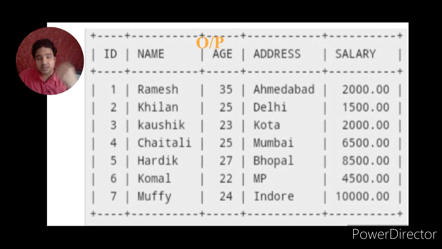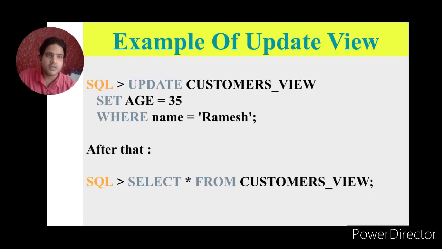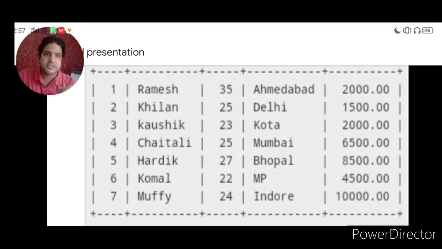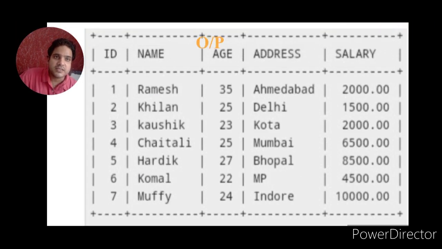If the customer view contains all the attributes from the table, then all the attributes are represented here, and Ramesh's age is 35.